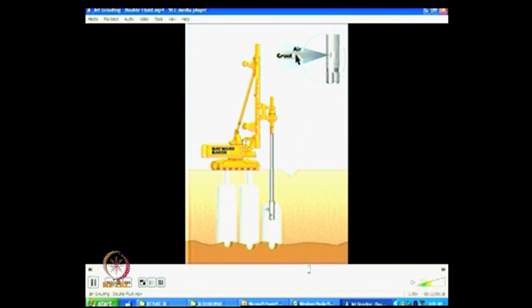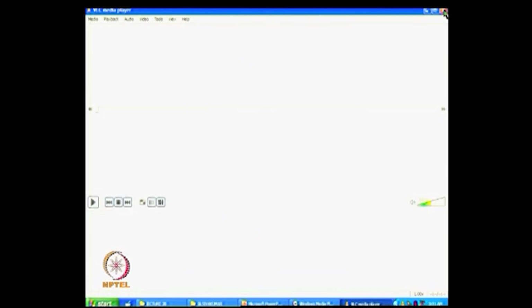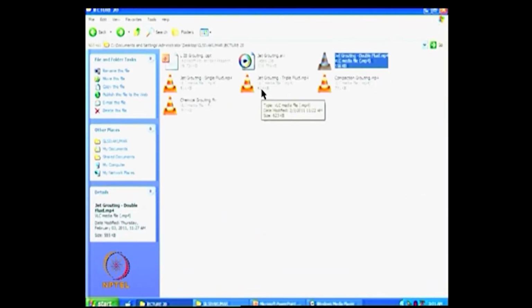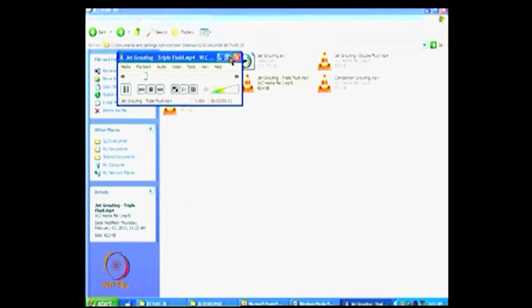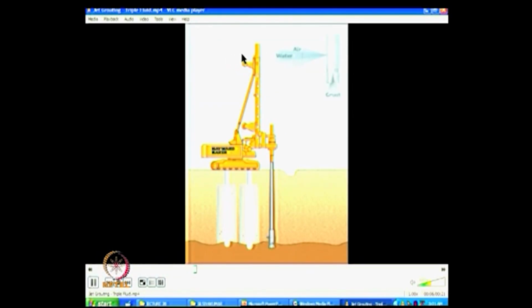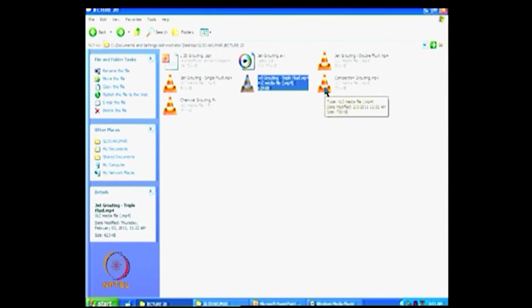You have grout and air coming in. Air, water, grout, all three of them come simultaneously. Then this is in jet grouting.